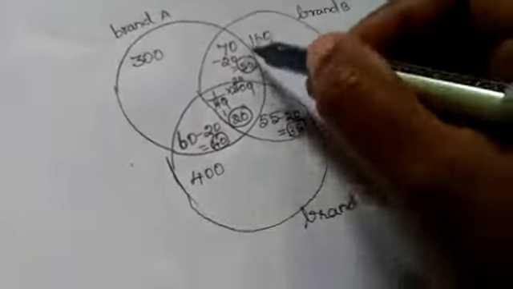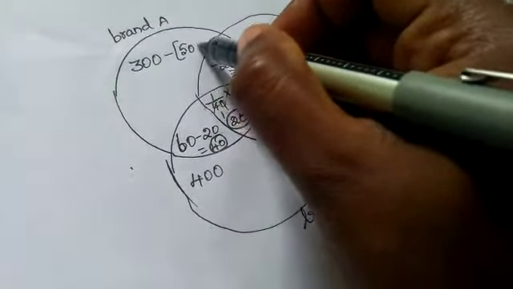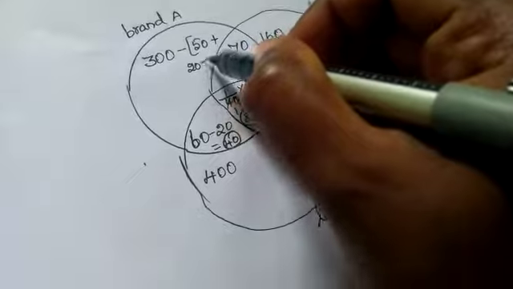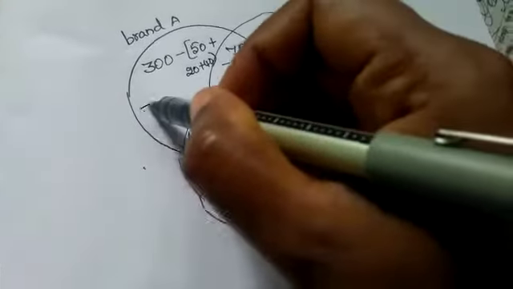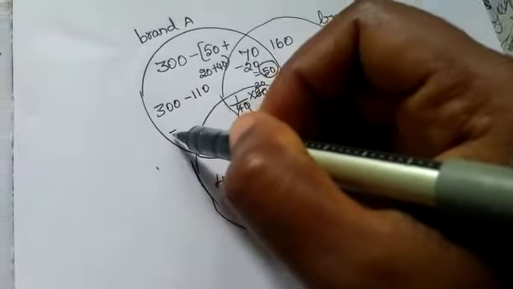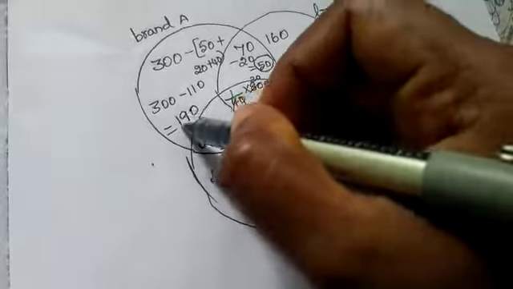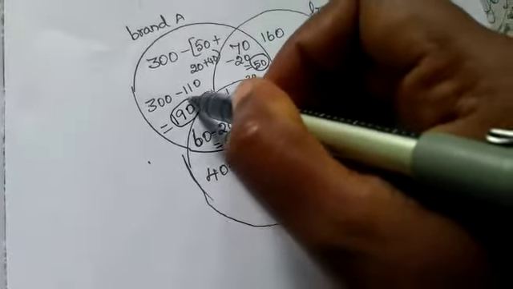Now A alone used, how will you find? Subtract all these values. 300 minus (50 plus 20 plus 40). 300 minus 110. What is the answer? 190. Circle this value.